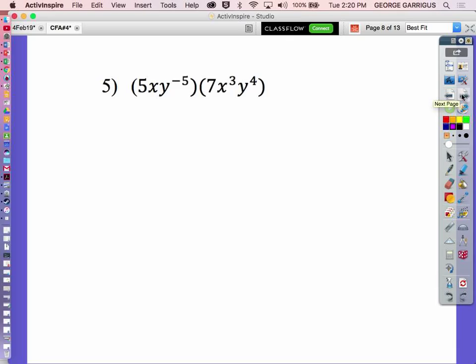Problem 5, you're going to multiply the coefficients. So you have 5 times 7. Again, this is multiplication. The x's, there's one x there, so it's 1 plus 3, and y is negative 5 plus 4. 5 times 7 is 35. x to the 4th power, that's 1 plus 3.